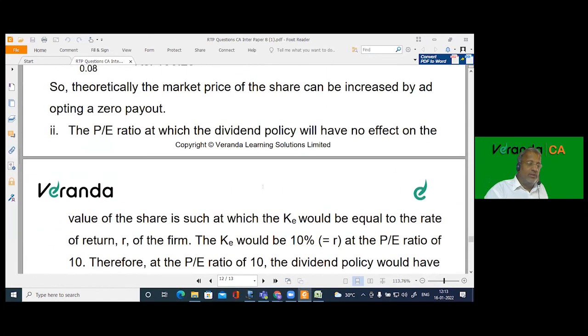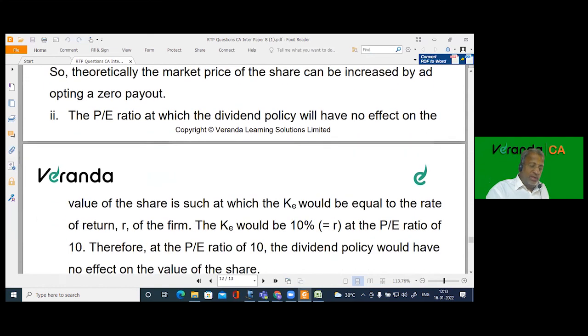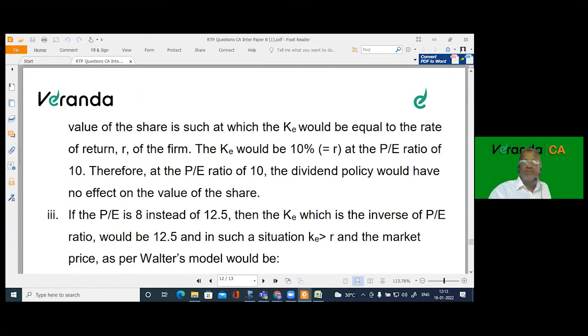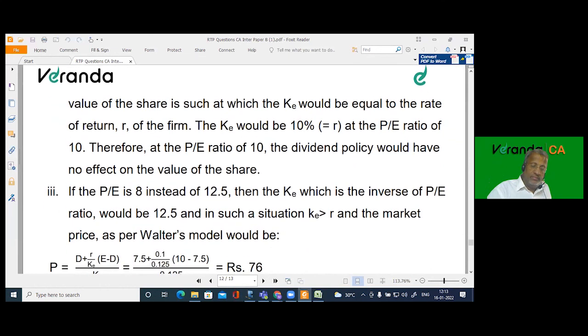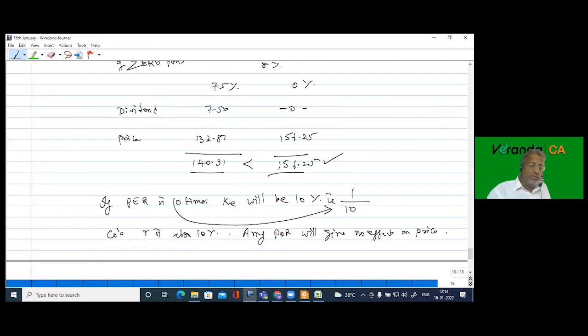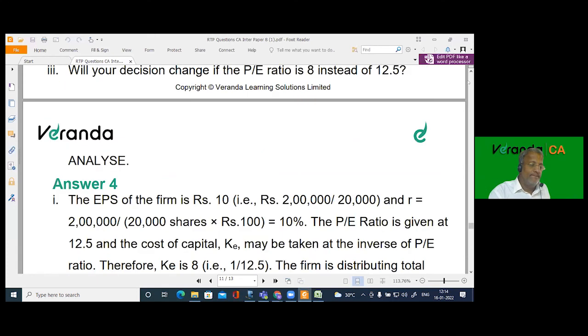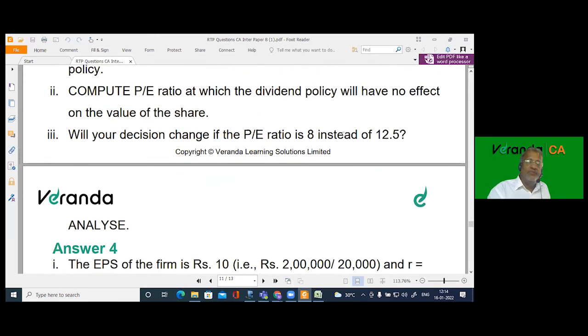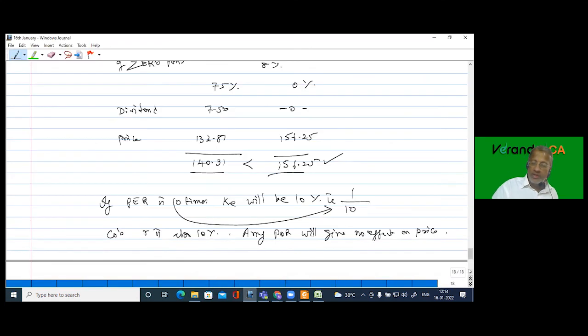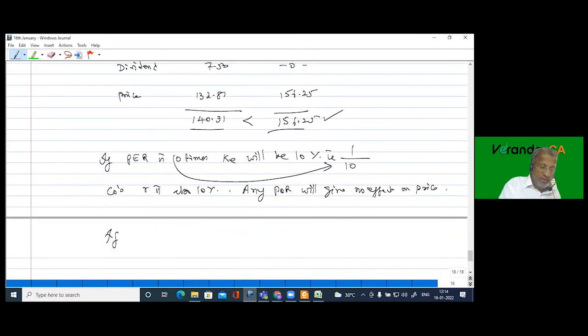This is the third part of the question. If the P/E ratio is 8 times, KE will be 12.5%, that is 1 divided by 8.